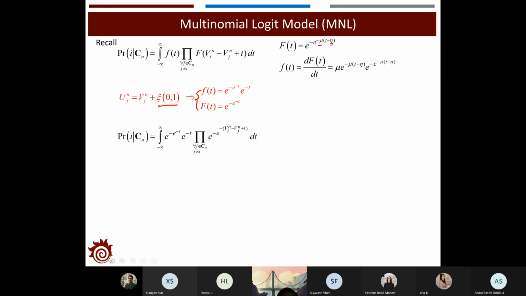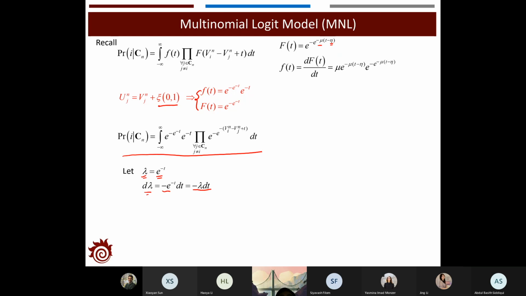Now let's see how we derive this expression for the probability of choosing the mode or alternative i. To do this analysis, first we do a transformation of the parameters. We assume that lambda equals exponential of minus t, and with that, d lambda would be minus exponential of minus t dt, which is minus lambda times dt.